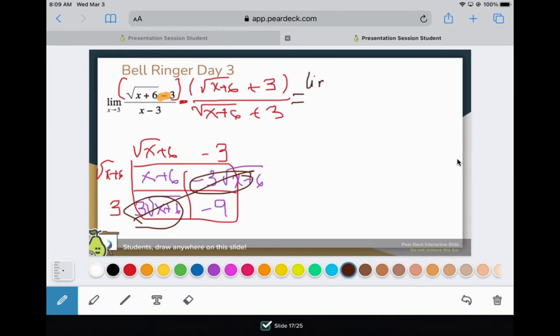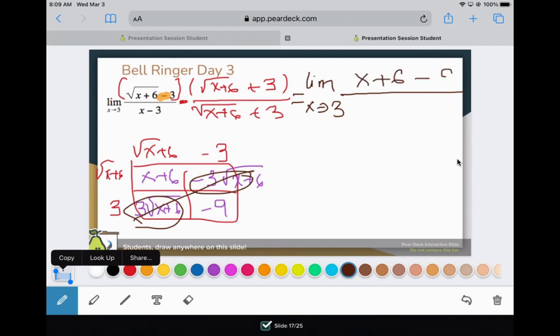So I see that you multiply, and you know what to do, but some of you, the problem was the notation. You didn't write it out correctly. Until you do substitution, until you plug in the values, you have to write out limit x approaching whatever the number that's given to you. So on the numerator, when I multiply these two, I end up with x plus 6 minus 9.